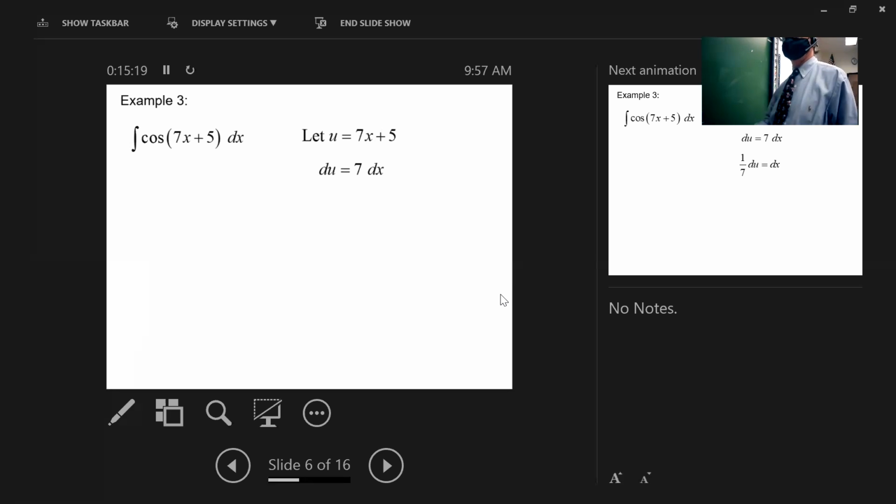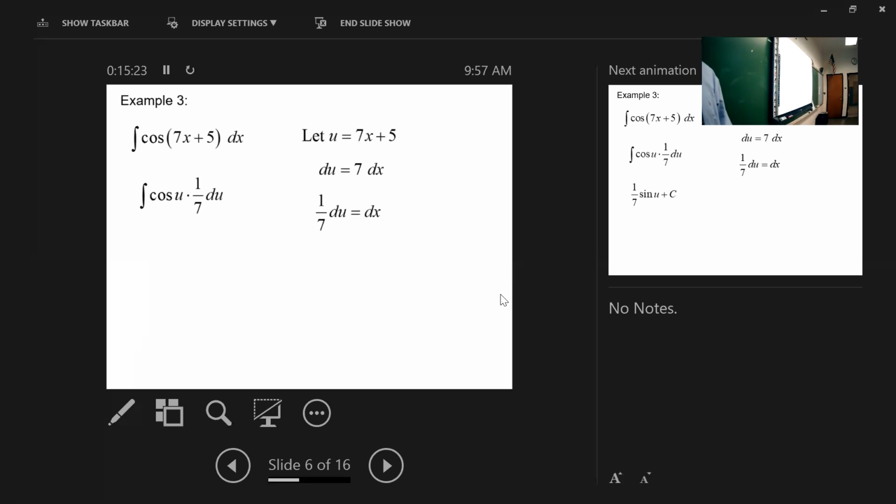So here's the question. What are we going to do? We're going to rewrite it as anti-differentiate cosine mu. But du dx is 7. So I've got dx here, I need 7. So I'm going to put a 7 there, and I'm going to put a 1/7 out front.